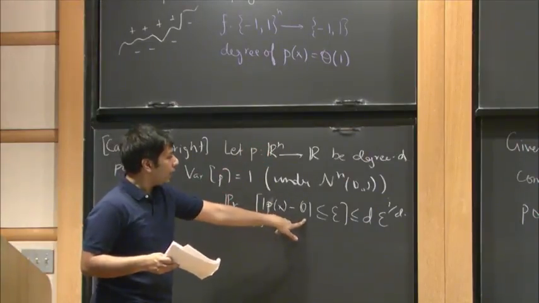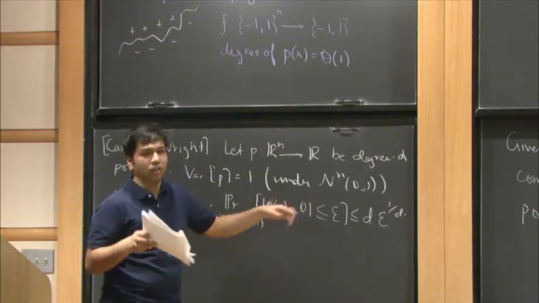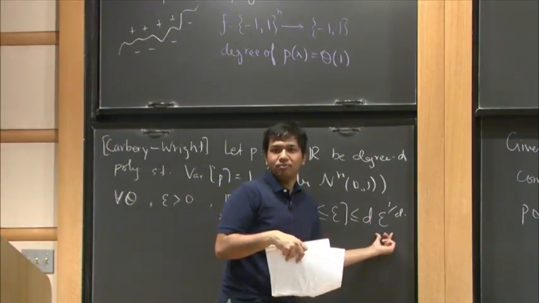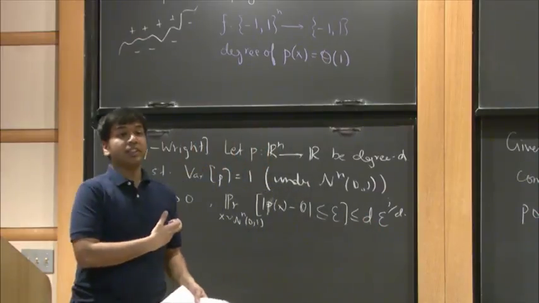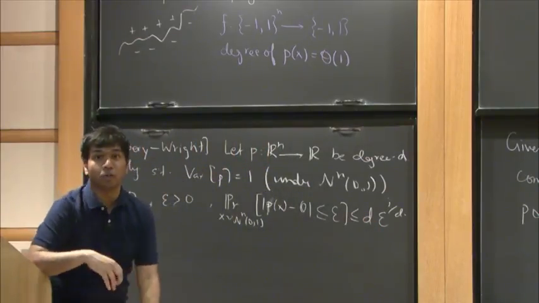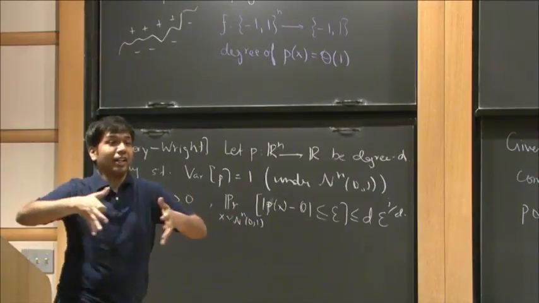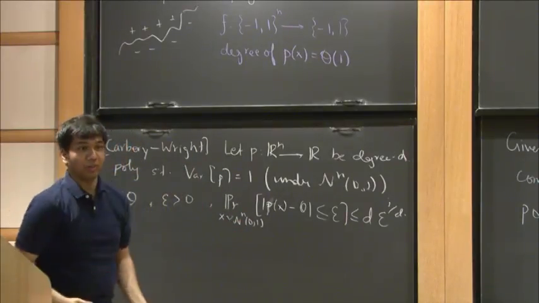The probability that P(x) lies epsilon close to 0, lies really close to the boundary, is really small. No such statement is true if the underlying distribution was Boolean. If the underlying distribution was uniform on the hypercube, it can happen that with probability half the polynomial is 0 or something like that.